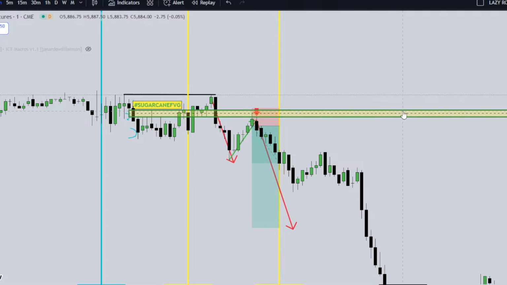Now, step 3, we wait for our window, 9:50 to 10:10. I want to see a clear break above or a clear break below in the window. This here, not so clear.